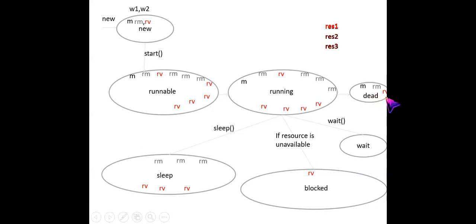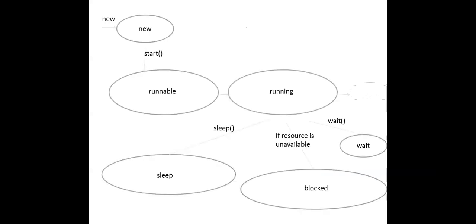Getting my point? Whatever I have written, it is the same thing here. However, here I have started from Rama thread first. However, if we start with Ravana, that should also be there, no? Ravana came first, so it occupied resource 1, and then Rama will go to block state.